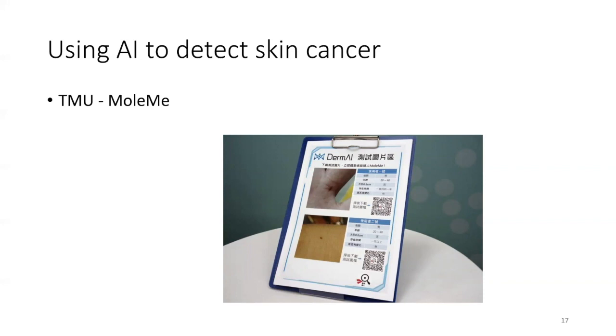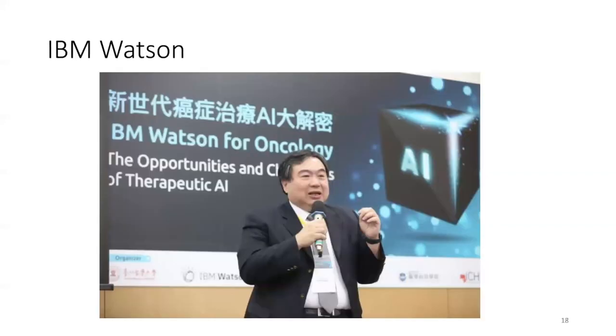Then she went to the hospital and it was proved to be malignant. I think that's a very convincing example that this kind of cheap, low entry AI technology can help patients with early diagnosis. So that is another example of using AI to detect skin cancer.